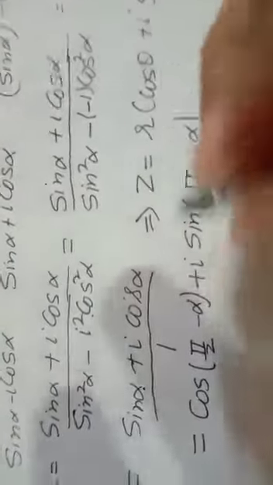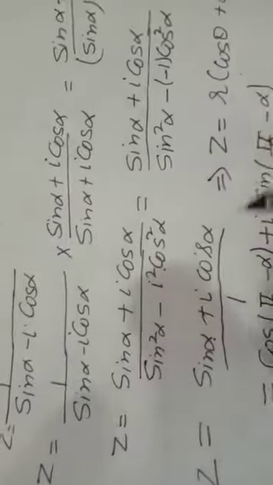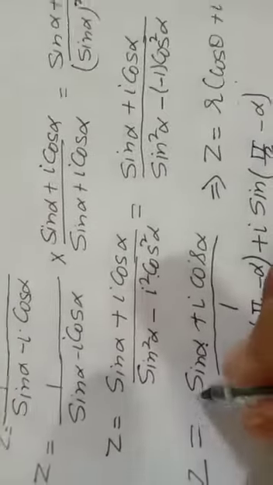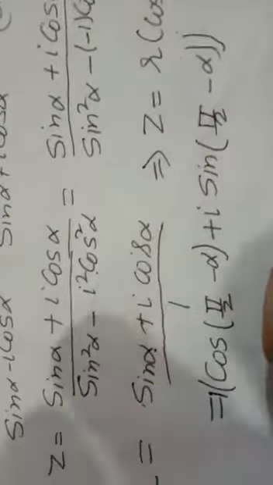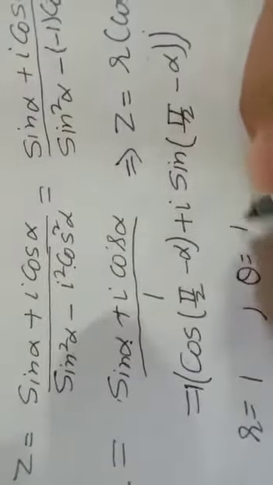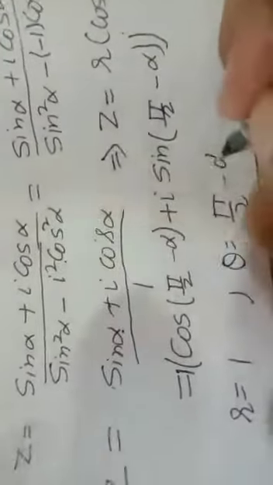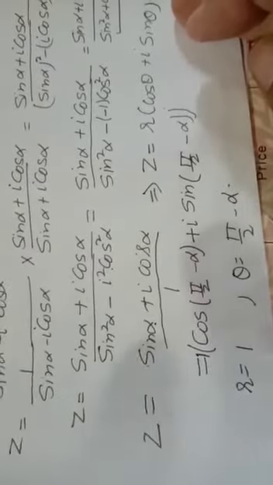So what will be our r value? What is lying here? 1. So 1 is lying outside of this, so r is 1, and theta is pi by 2 minus alpha. So this is all about this topic, when the real and imaginary parts of the complex number are given in trigonometric form. So go to the next one.